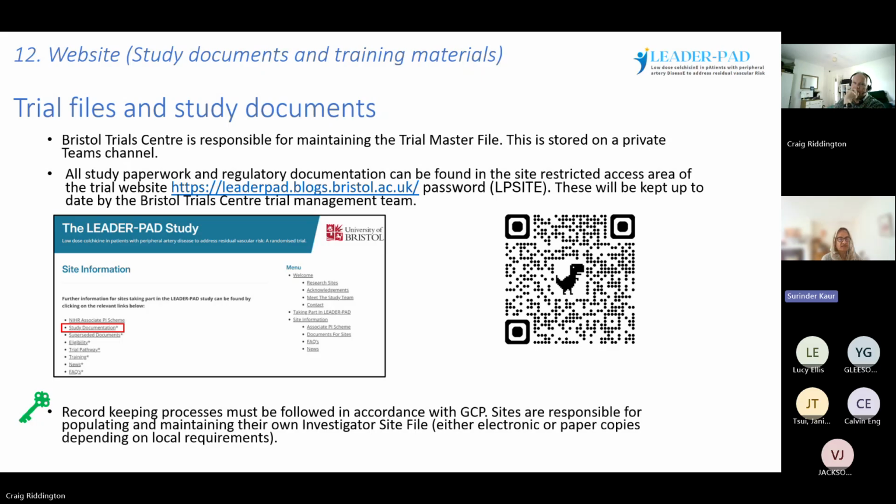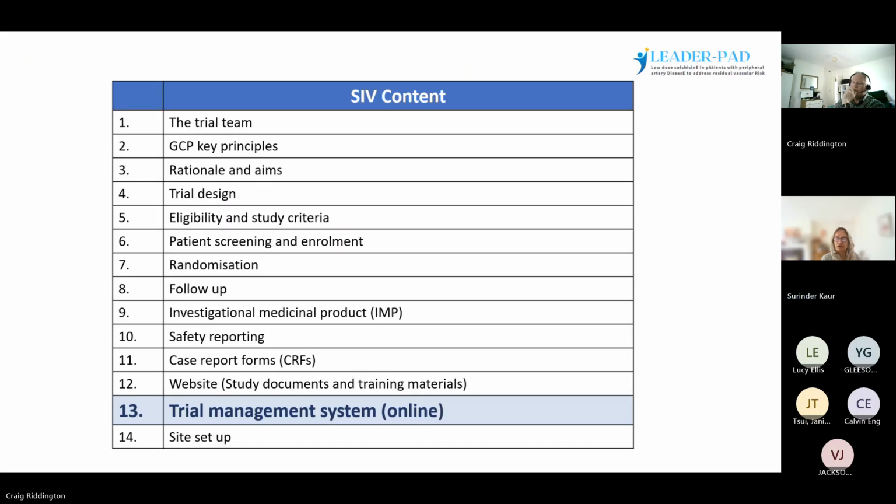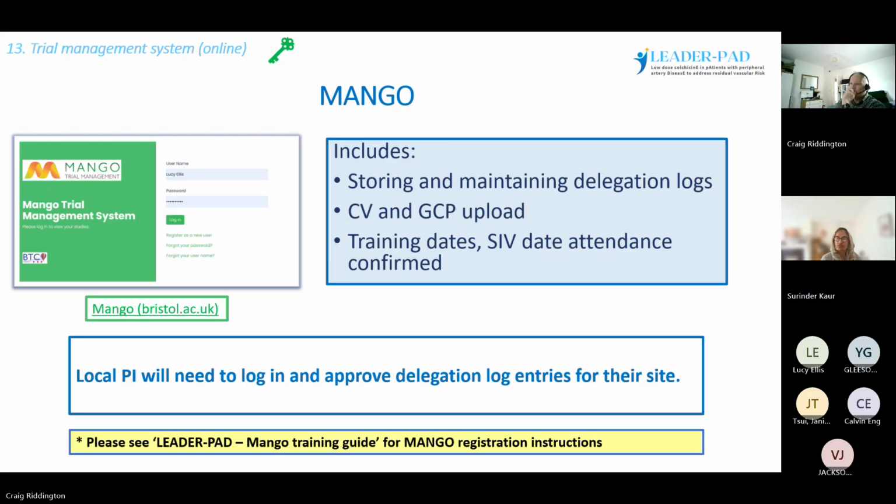Can I have the next slide, please? So slide 13 is the trial management system, which is called Mango. It's an online delegation log. You might be used to doing paper logs, but this is a more high-tech version. A key task for your site is to maintain and store your study delegation logs.